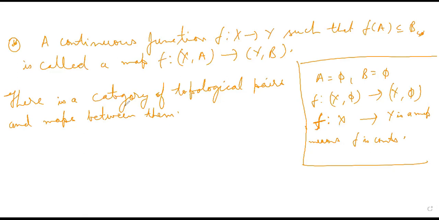In that category, topological pairs will be objects and maps between topological pairs will be morphisms.